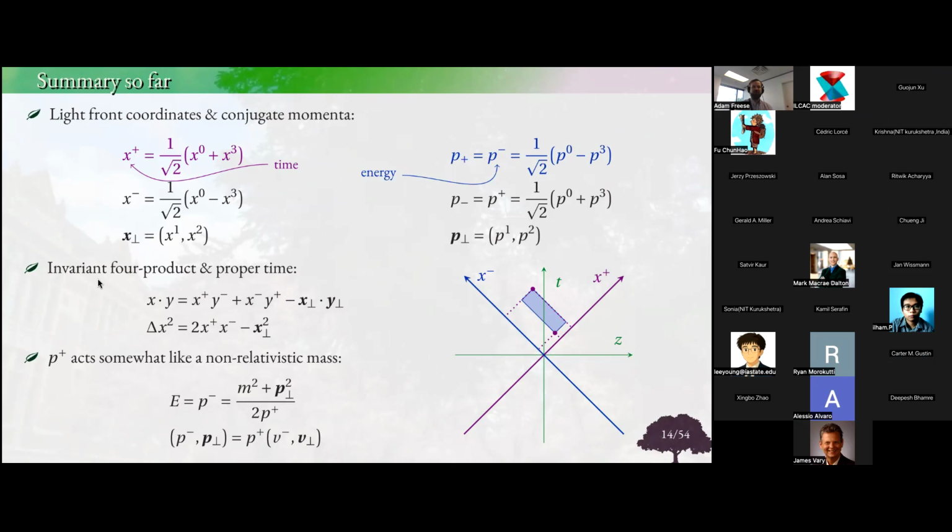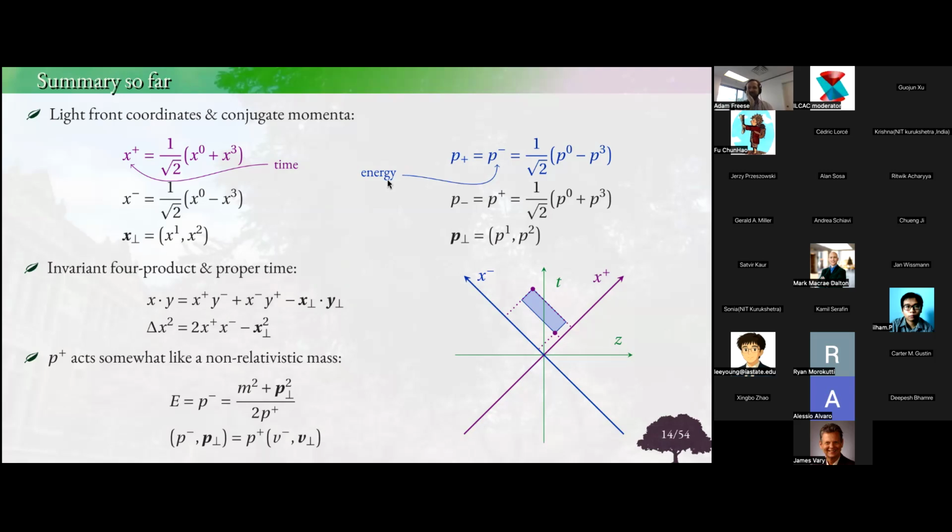And when you define things like the invariant four product, you end up having no factors of 2 or 1/2 in it. So x dot y is x plus times y minus plus x minus times y plus minus the usual vector dot product for the transverse components, which are your x1 and x2 or y1 and y2 components.